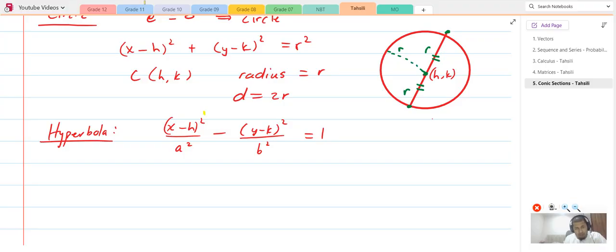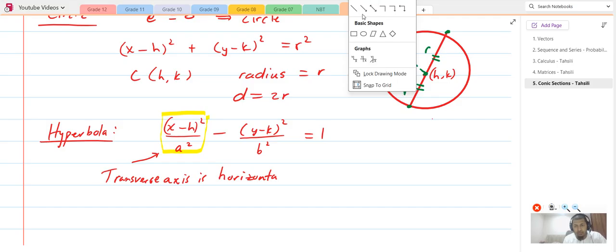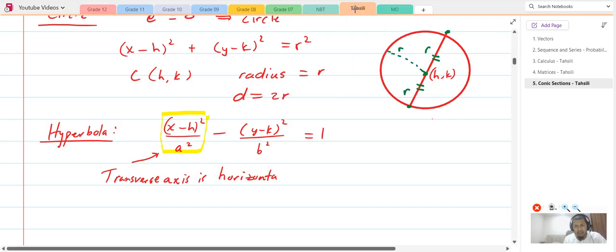See the positive part: because this is the positive part, the transverse axis will be horizontal. In other words, you have a horizontal hyperbola.